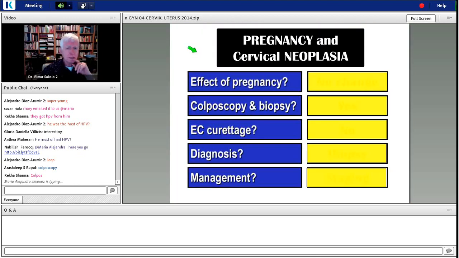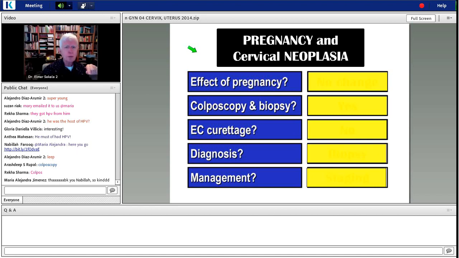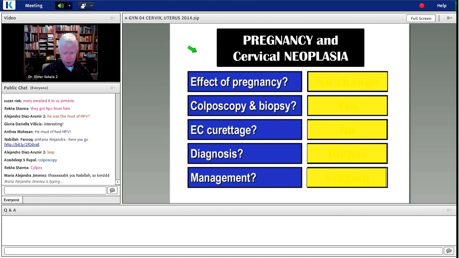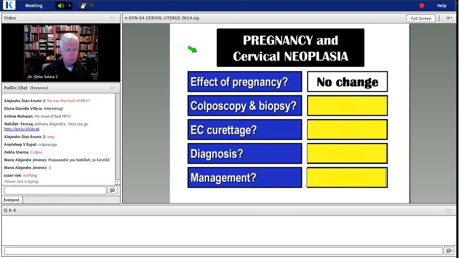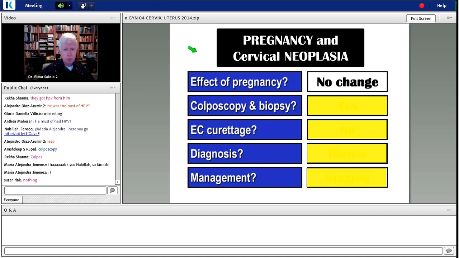What is the effect of pregnancy on the progression of cervical neoplasia? No change. Because some cancers are hormonally driven, and when the estrogens go up, it grows faster, and breast cancer is one of those.